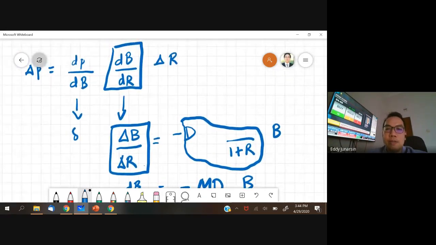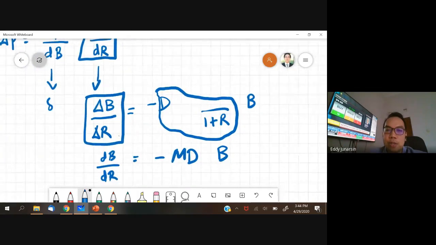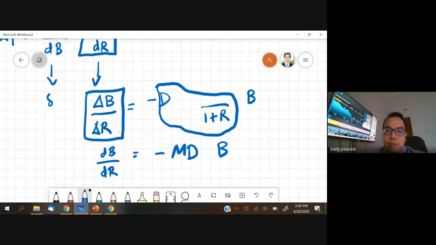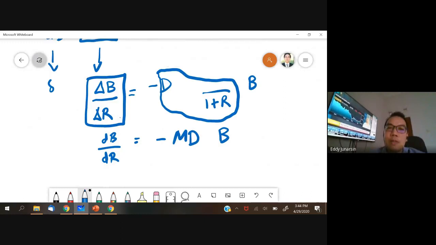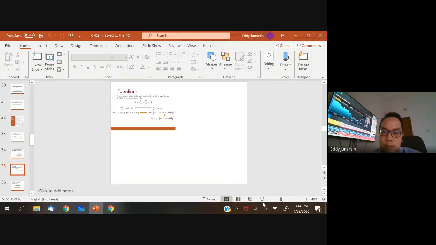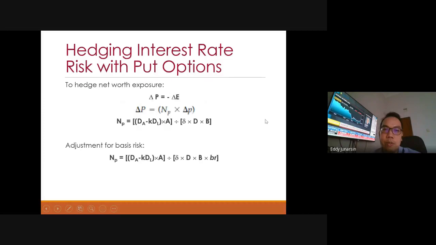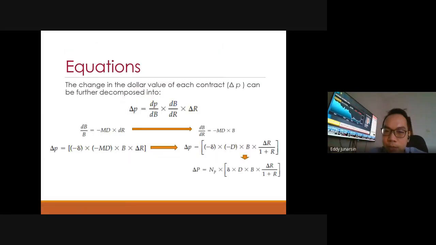And then multiplied by the change in interest rate that you are concerned about. Once again, now we try to match the value. But beforehand, let's finish this one. So yeah, we got this one, right?